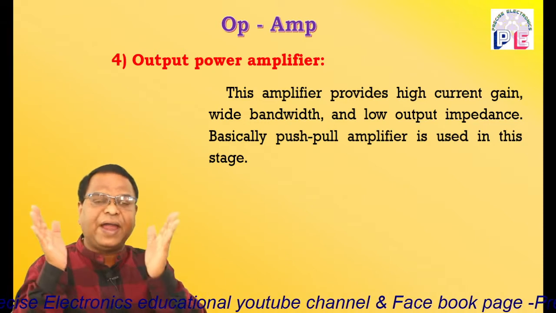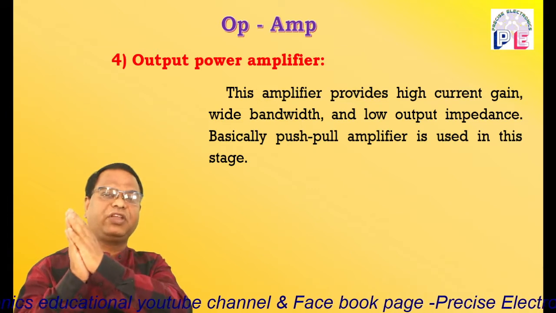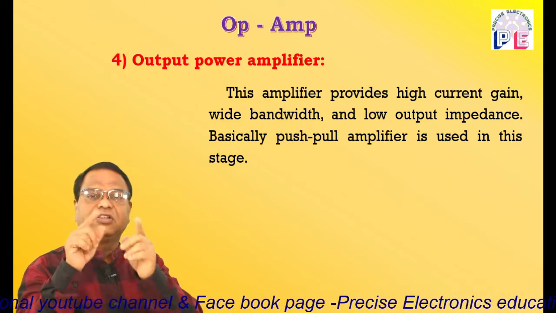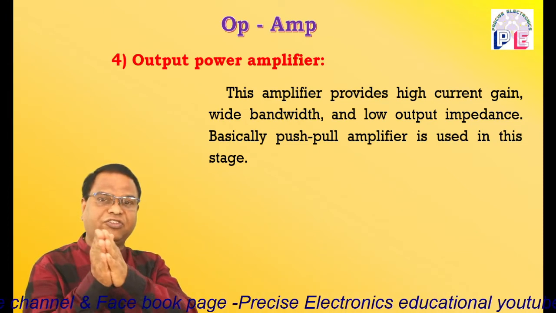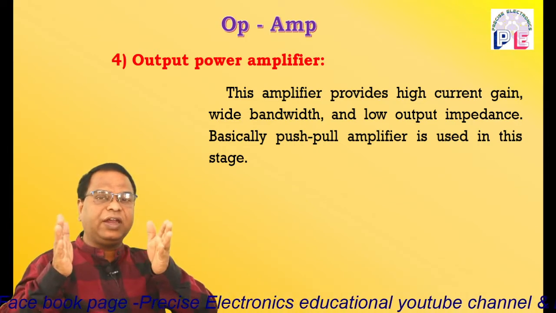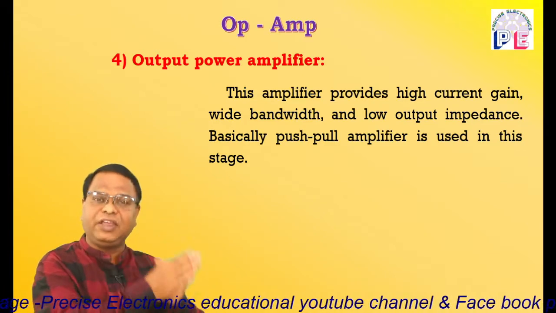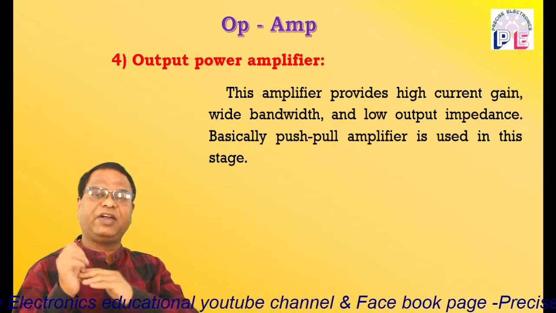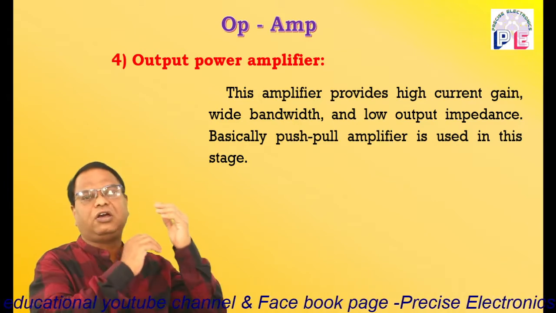It gives a wide bandwidth. What is bandwidth? Bandwidth is the difference between the upper frequency and the lower frequency. So bandwidth decides the frequency range of the operating signal. If the bandwidth is very wide, signals having a wide range of frequencies can be faithfully amplified. The low frequency signal can be amplified as well as the high frequency, means AF signal or RF signal.